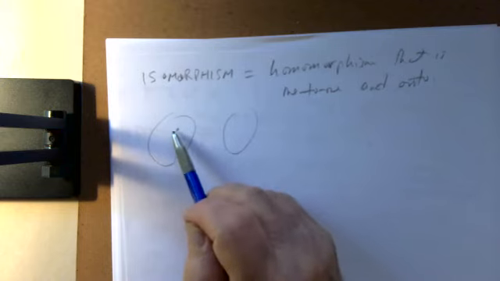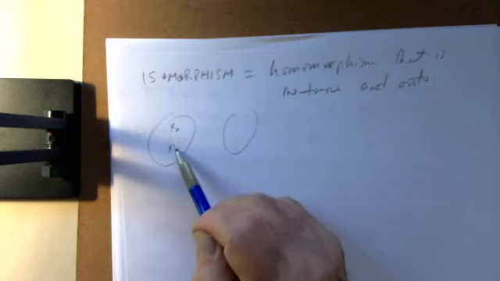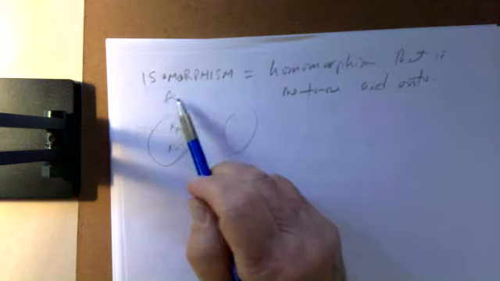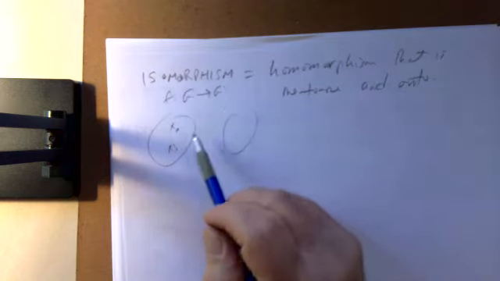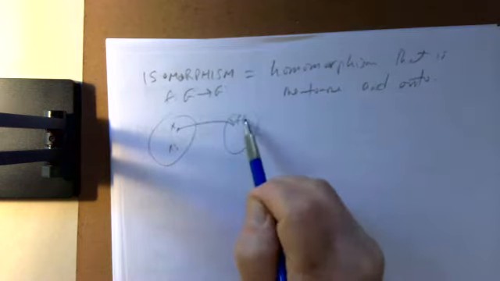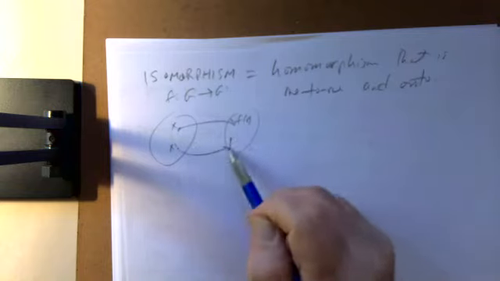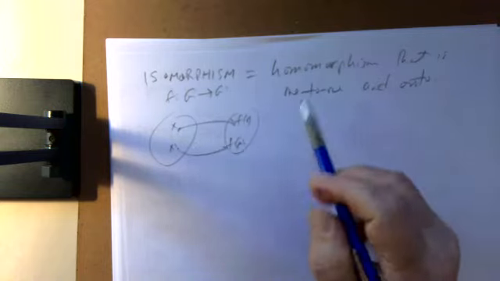One-to-one means that if you take two elements, x and x prime, so you have this function f from G to G prime, so x goes to f of x and x prime goes to f of x prime. One-to-one means that whenever x is different from x prime, then their images, f of x and f of x prime, are different.